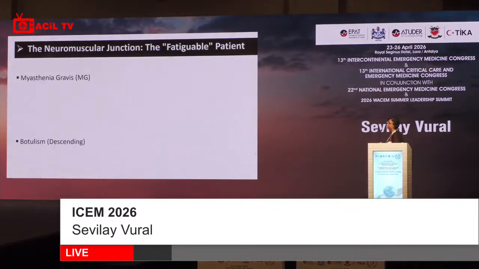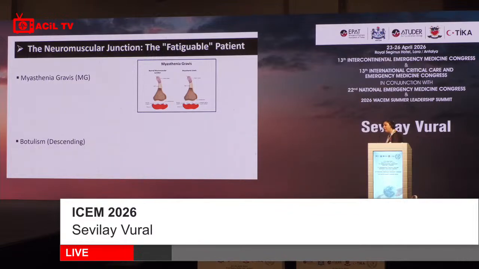After the peripheral nerves, the next stop for us, remember, is the neuromuscular junction. And in here, generally, we are talking about fatigable patients. In neuromuscular junction pathologies, for example, myasthenia gravis, the most famous one for this setup, these patients generally use their muscles and get tired.